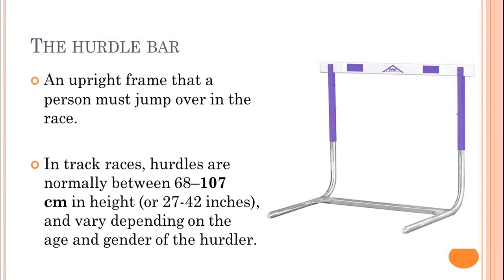That is about 27 to 42 inches high. It also depends on the age and the gender of the hurdlers. So it means that the female hurdlers' hurdle bar is different from the male hurdlers'. And also the age limit differs.